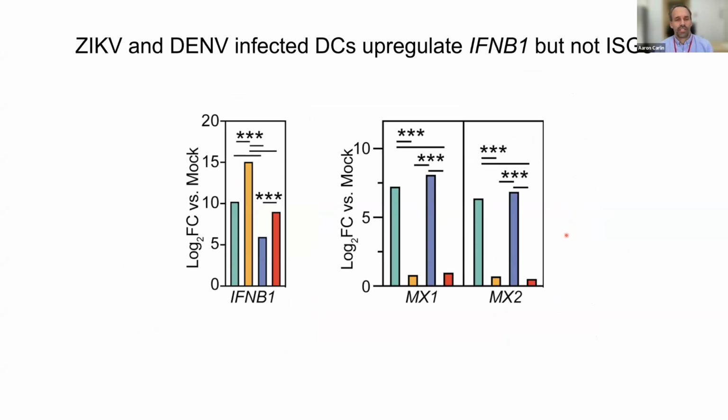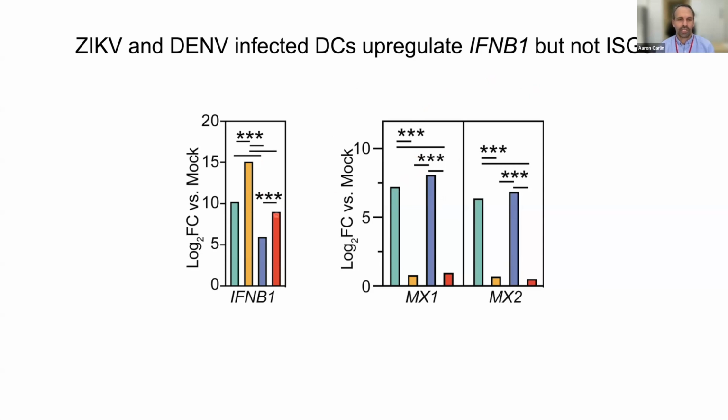What we see here is interferon beta production on the left and interferon stimulated genes on the right. Type 1 interferon is made in response to viral infection. It's secreted into the extracellular environment and binds the type 1 interferon receptor, and that leads to JAK-STAT signaling and the production of interferon stimulated genes.